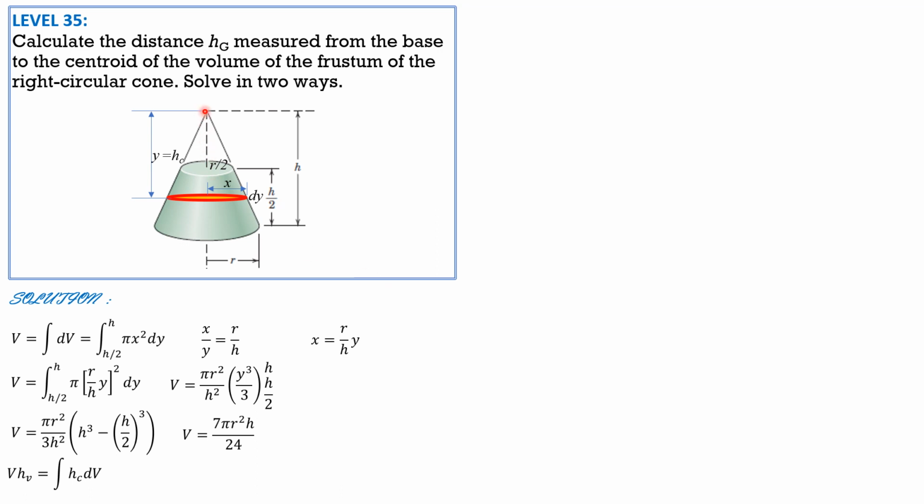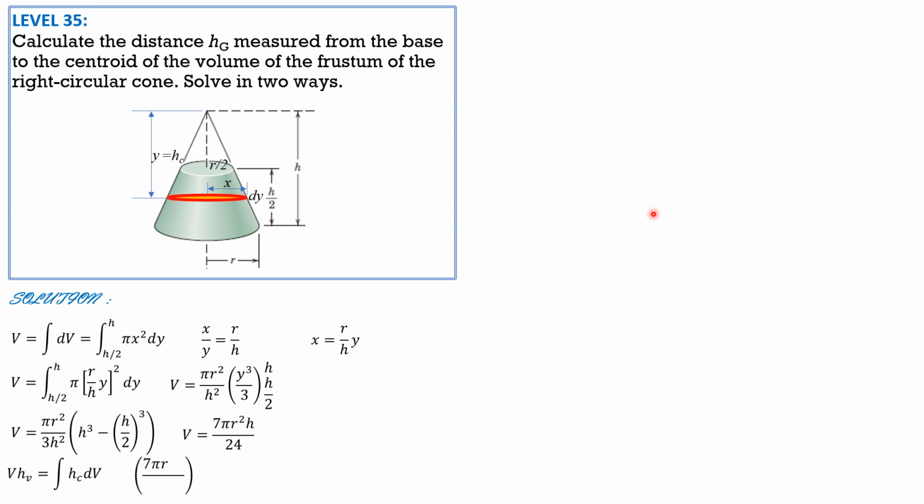So the distance from here to the centroid is at the center of this disc. Any point on the disc is equidistant from the vertex. So that's why y is just h sub c, also the distance of the centroid of this differential element from the vertex. But h sub g, not h sub v, we solve for this first. So h sub g from the base is h minus whatever is the result here for h sub v.